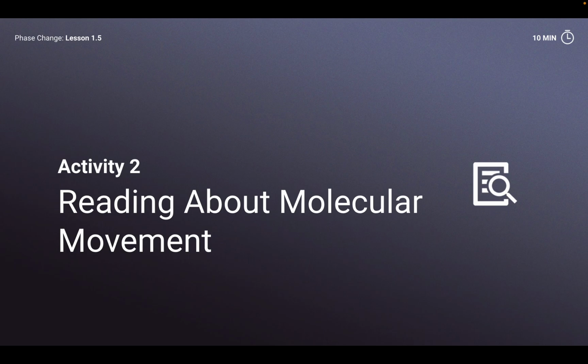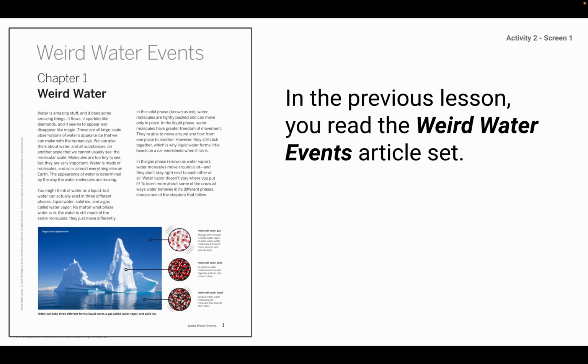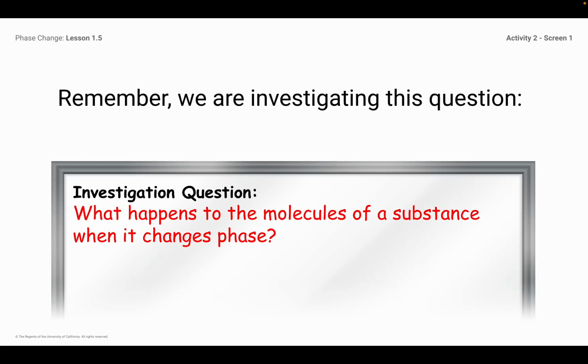Okay, so on Friday, you read the Weird Water Events packet. There are 4 chapters that you read. We are investigating this question. So if you look down at your notes from Friday, on the left side, we've got this investigation question.